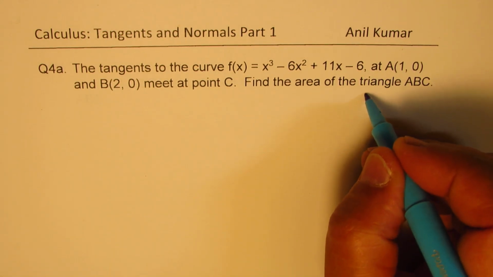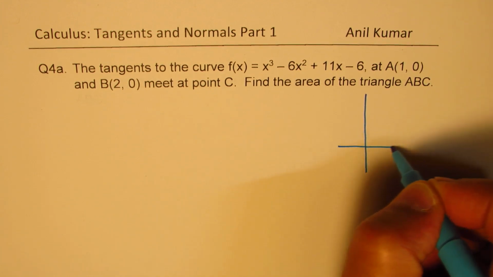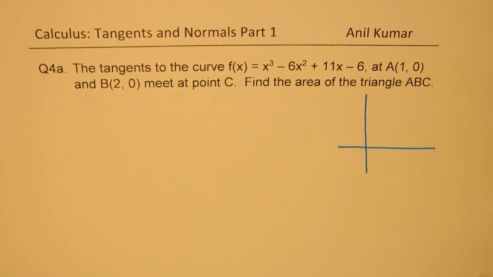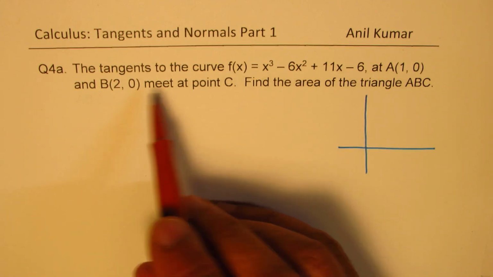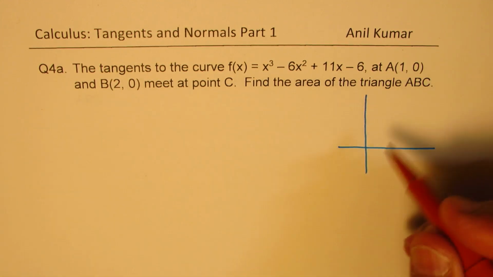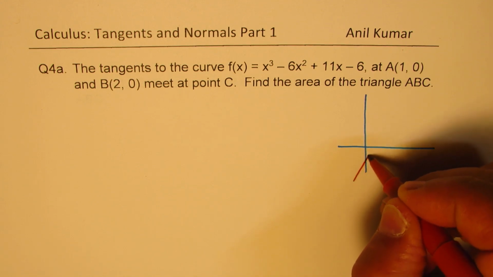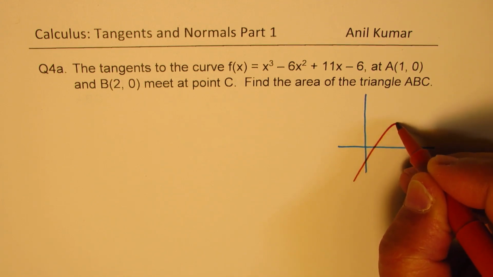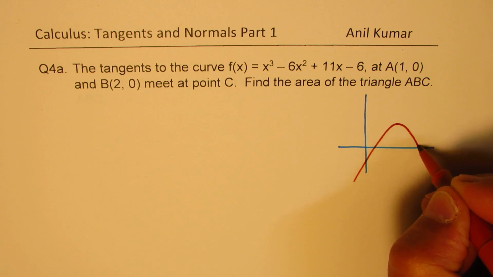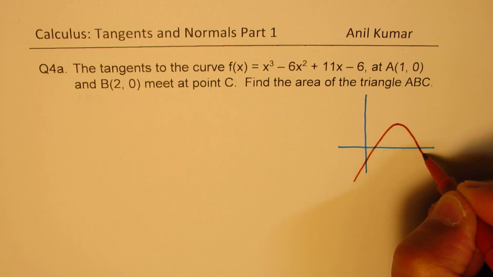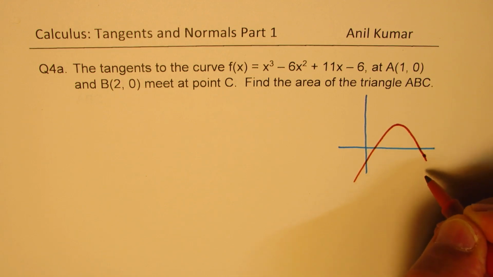So think like this. Let's make a rough sketch here. So the cubic function has 2 zeros, right? So these are the 2 zeros, (1, 0) and (2, 0). So let's say we have a function which is kind of like this. Right, so at least we know this part. Well, that is a portion of the graph.